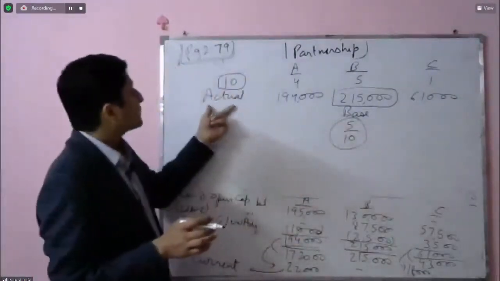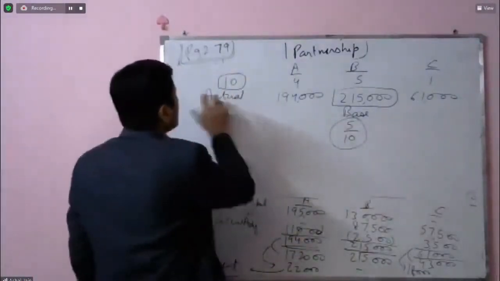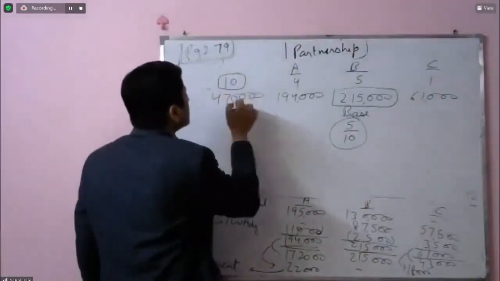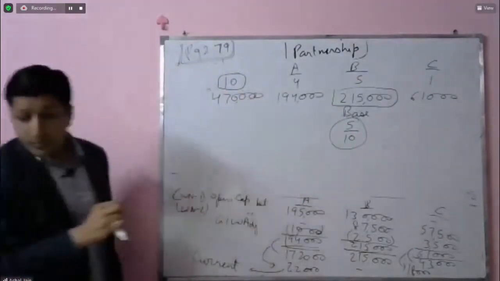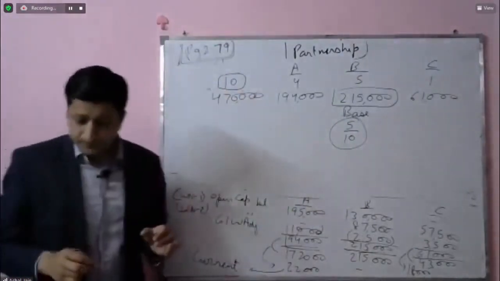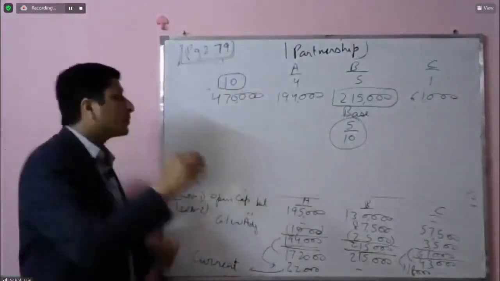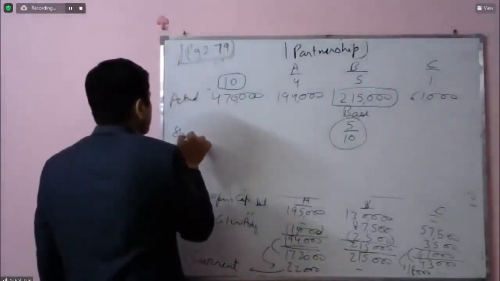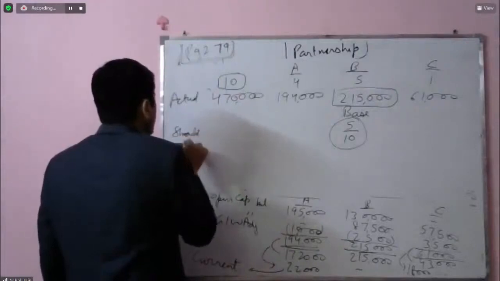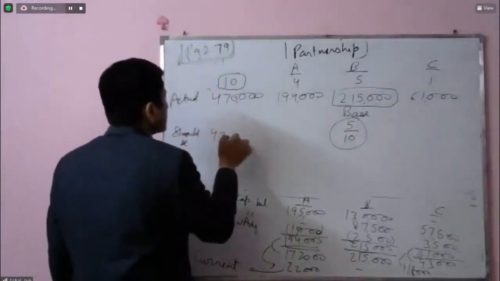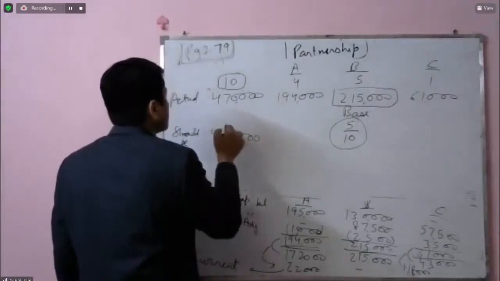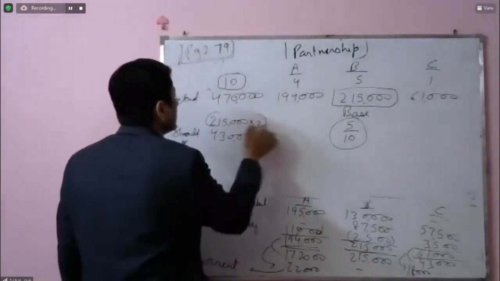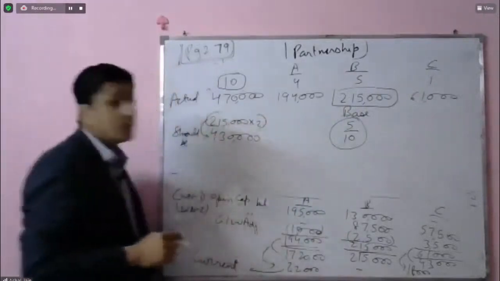Currently, the total capital is what? Total capital is 4,70,000. This is what I computed. Please correct me if I'm wrong. And what should be the total capital? This is actual. Should be means this is 4,30,000, and this should effectively be 2,15,000 into 2. Why are we giving it into 2?